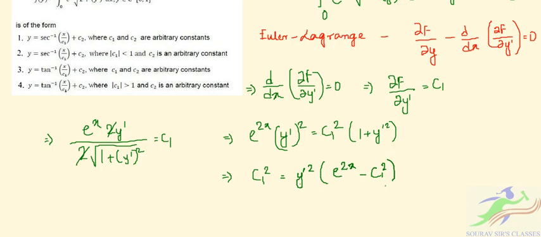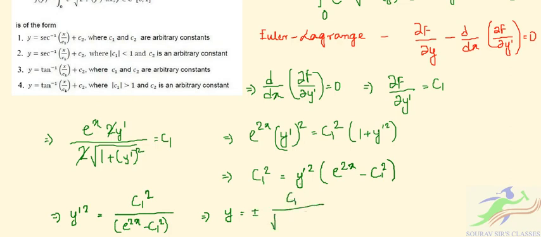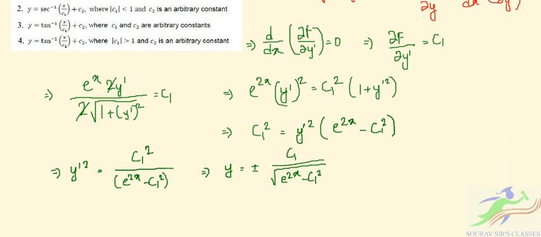So y prime square is c1 square by e to the power 2x minus c1 square. Or we can write y prime equals plus minus c1 by root over e to the power 2x minus c1 square.